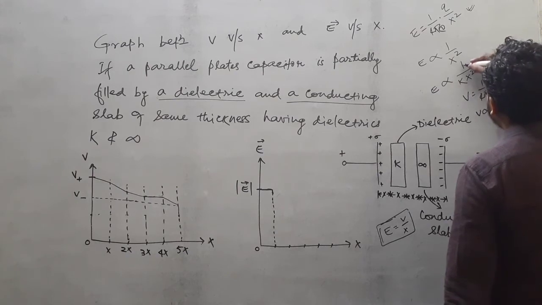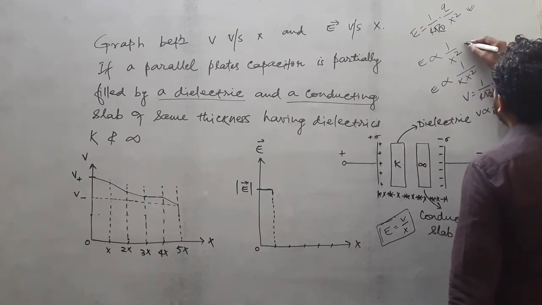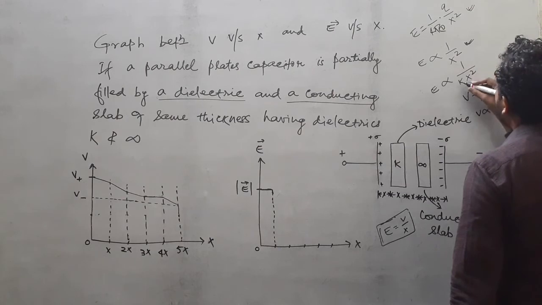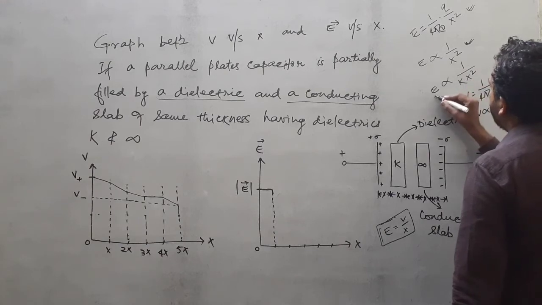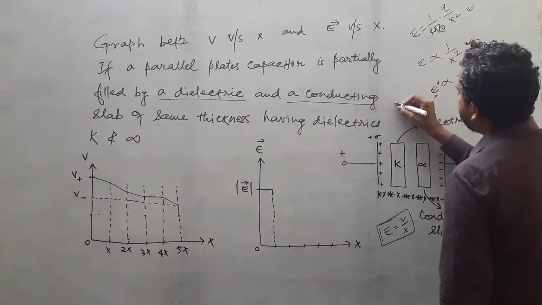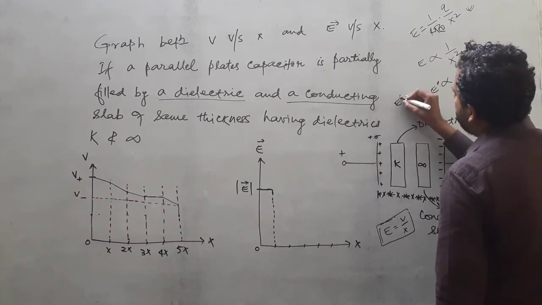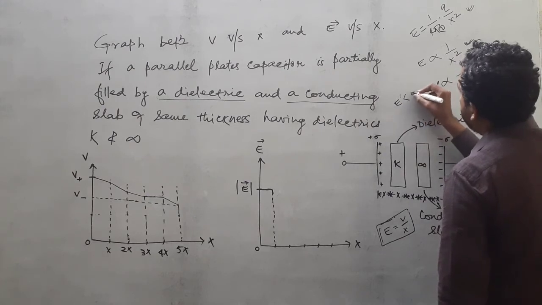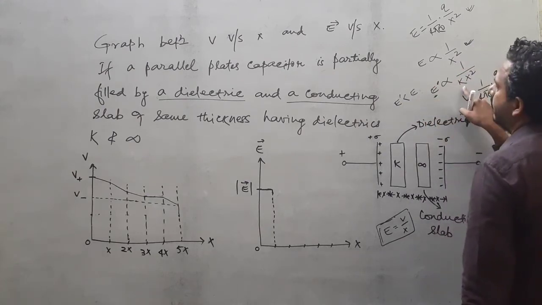So 1 by x square is also constant for this one. But there is another thing, this dielectric constant is in the denominator. So your electric field E dash will be less than that of this E. So E dash is less than this E by a factor of k.